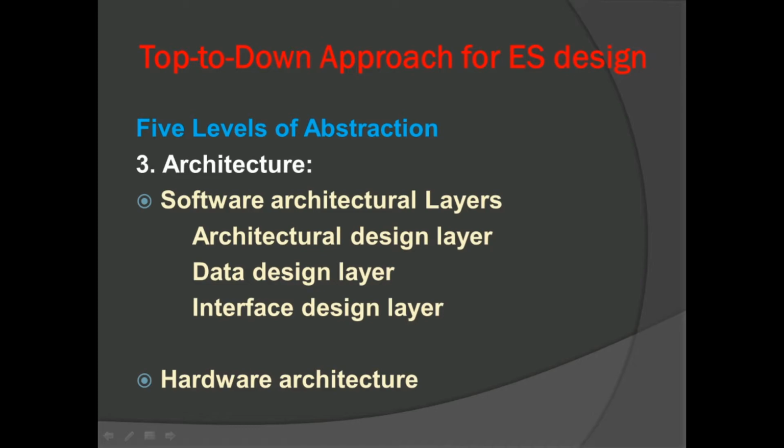All those functions are considered in the architectural design layer. Then the data design layer. In the data design layer, the question is what design of data structure and databases would be most appropriate for a given problem. Should the data be organized as a tree-like structure, or arranged in a timeline manner?